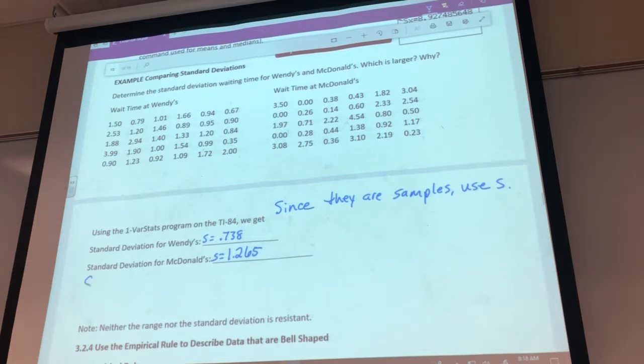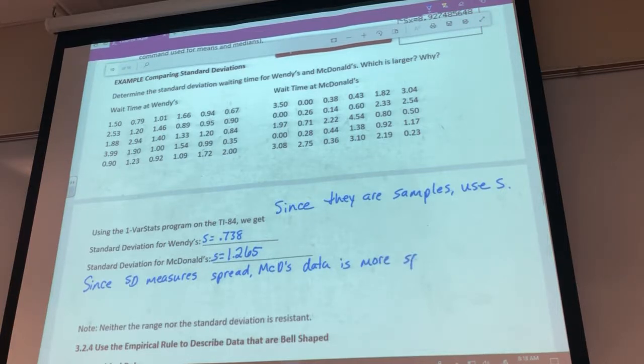So I'd say since standard deviation measures spread, McDonald's data is more spread out than, bless you, Wendy's.